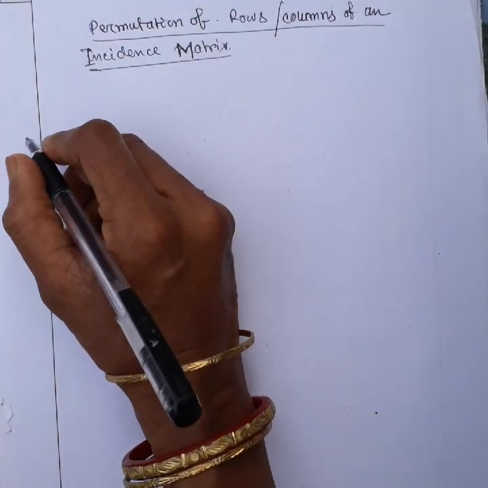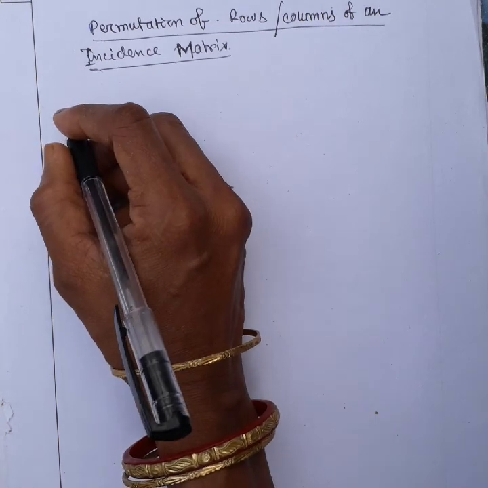So what is permutation of rows and columns of an incidence matrix?